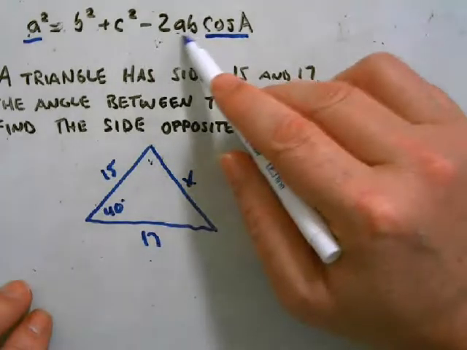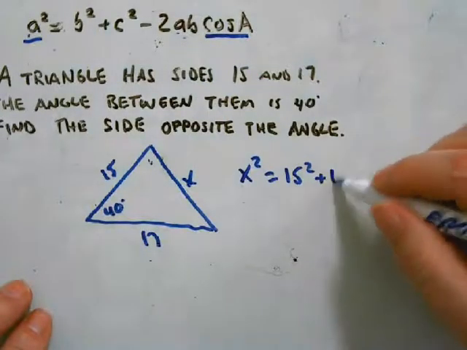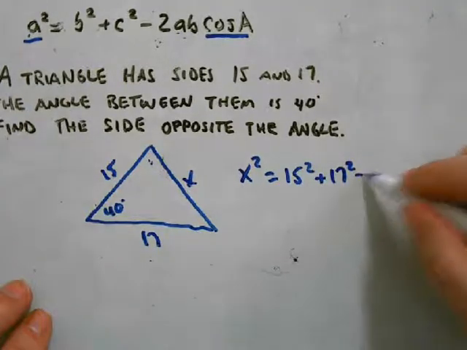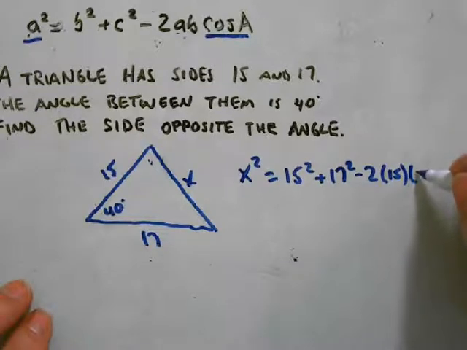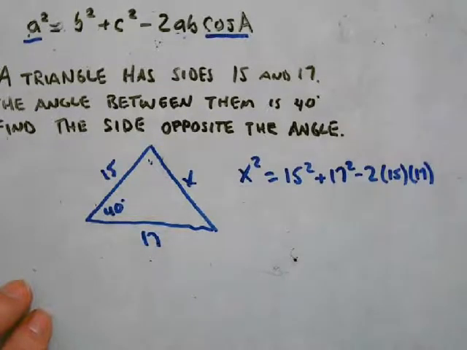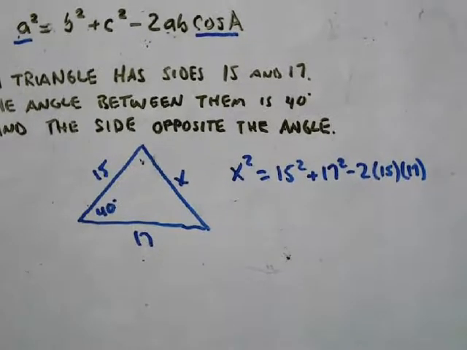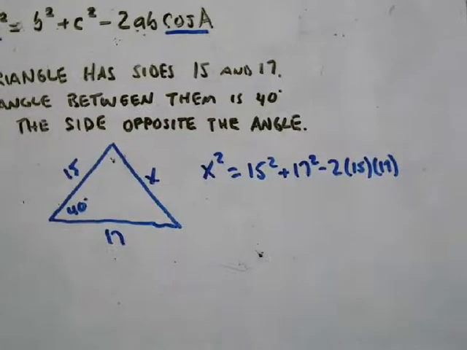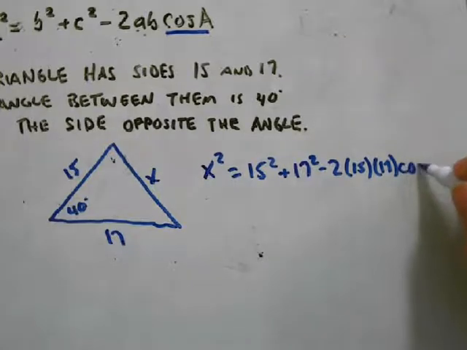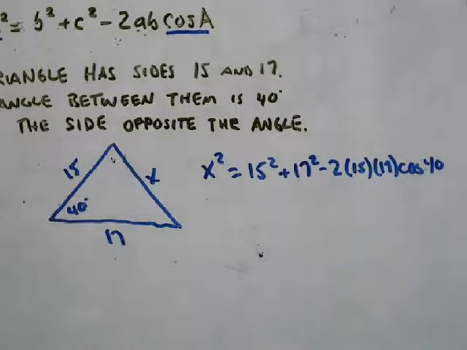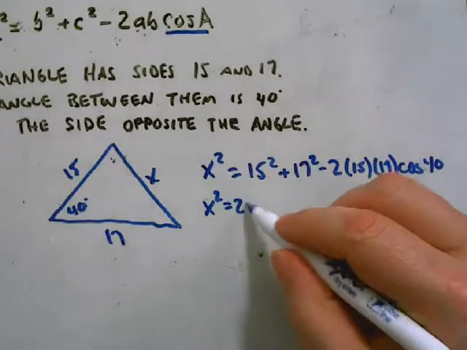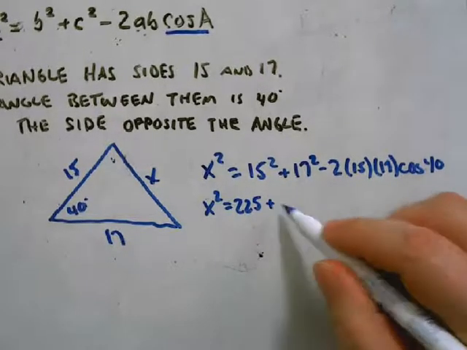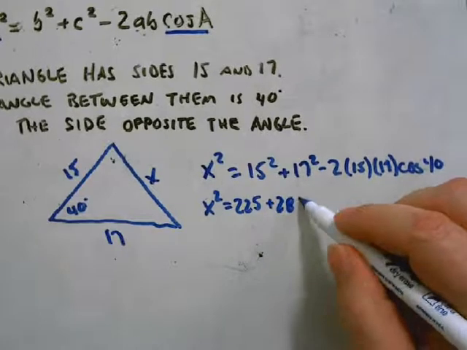So 15 squared plus 17 squared minus 2 times 15 and 17, times cosine 40. Okay, so we got x squared equal to 225 plus, I believe, 289 minus 2.